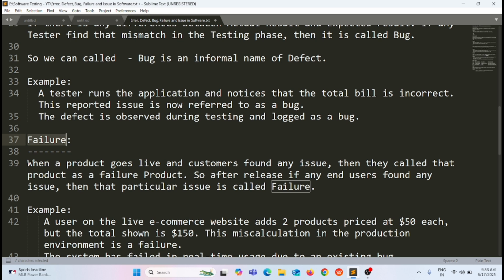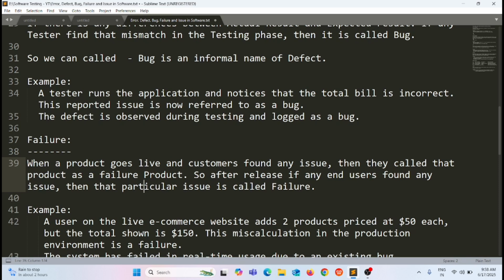Immediately the customer will say this is a failure product. But for which bug or defect the product is going to fail, that particular bug is called a failure.